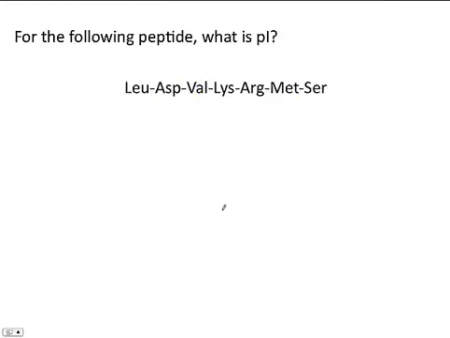All right, the next question on the sample exam was asking for the isoelectric point, and basically you were given several options, so you don't actually really need to go through a full calculation of this. You just have to get in the general ballpark to get it right.